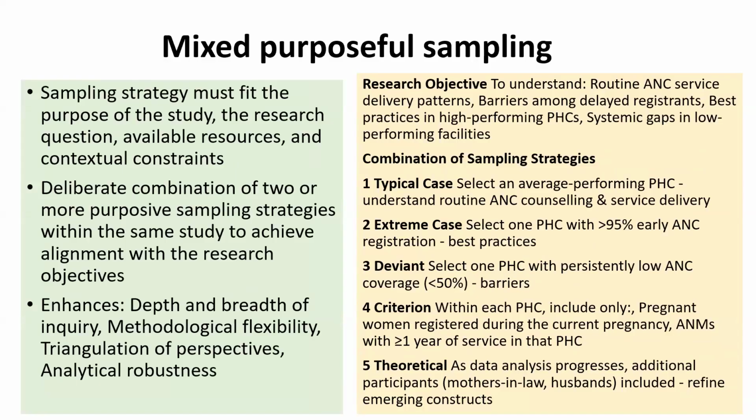And then you say that using all this, I'm going to build theory and therefore I'm also going to analyze it and resort to theoretical sampling. So if your scope of research is very broad and it's a very heterogeneous sample which you need to recruit, then you may resort to a combination of purposive sampling techniques. That is also acceptable.